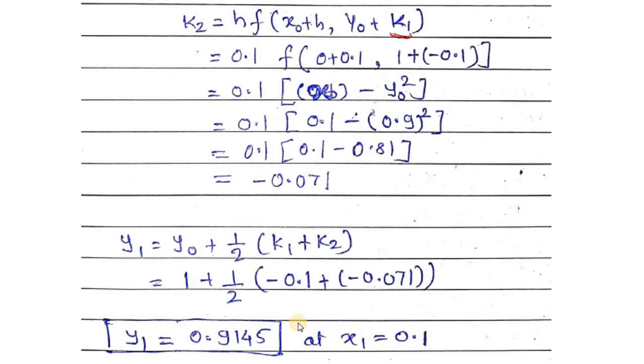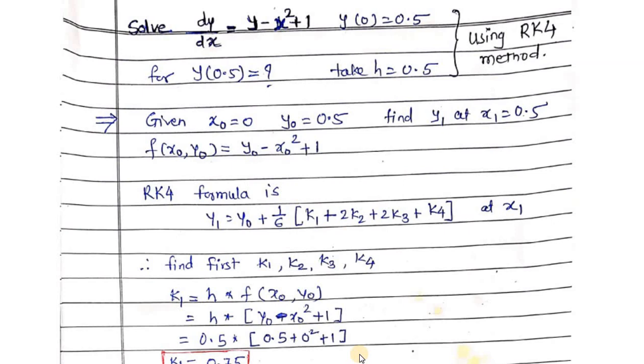If we want to calculate at x2 equal to 0.2, now we will take the initial condition y1 at x1 and solve it.